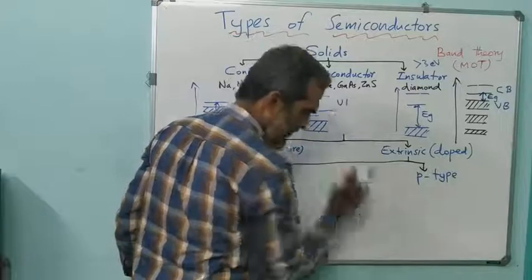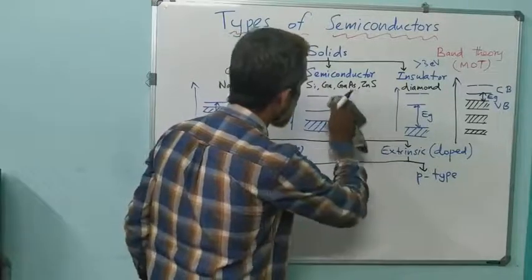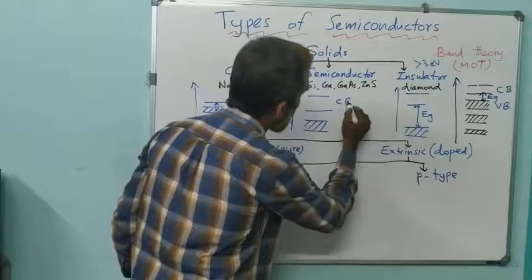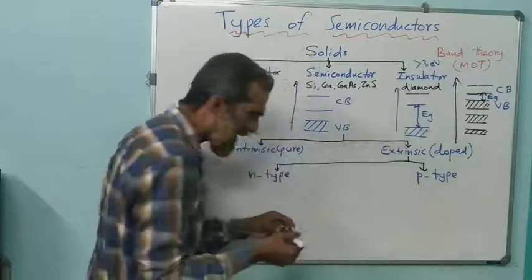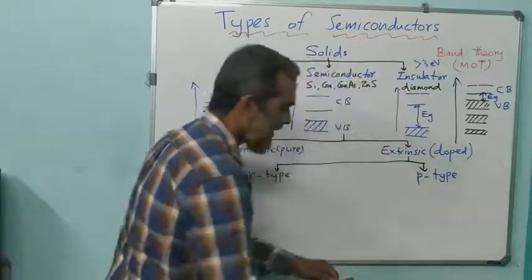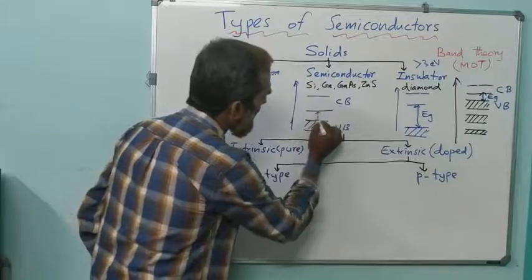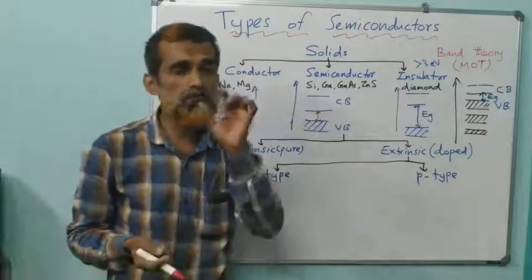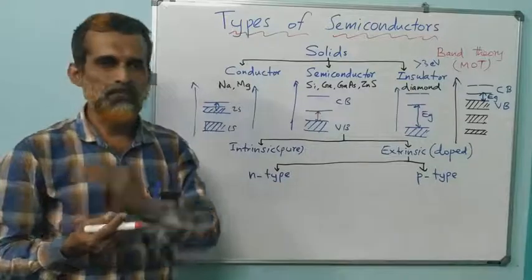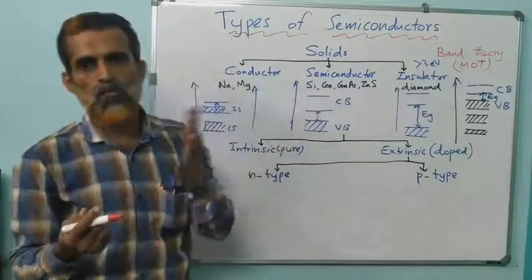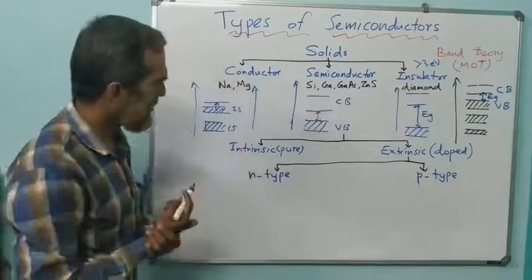The energy gap is small here. So the speciality of semiconductors is that they have a small energy gap. Sometimes it is 1 to 2 electron volt.